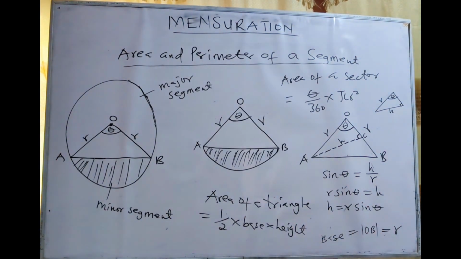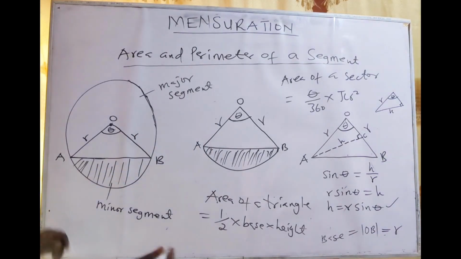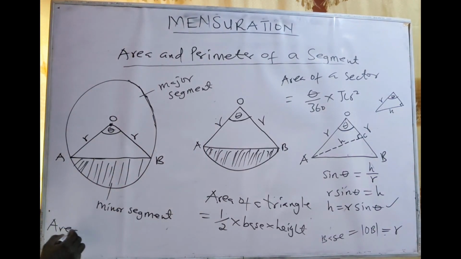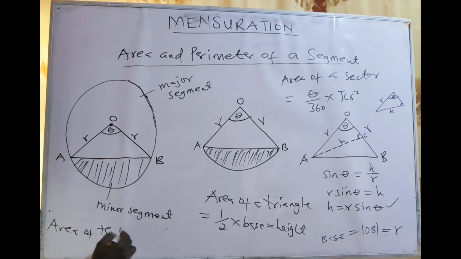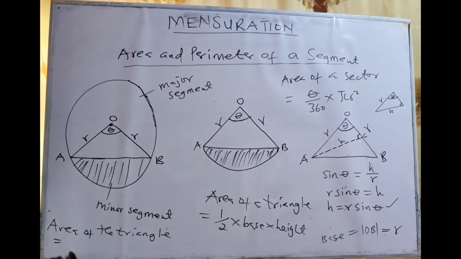That is my height. And my base is R. So if I want to find the area of the triangle, then the area of the triangle, which is half base times height, will now be equal to half.